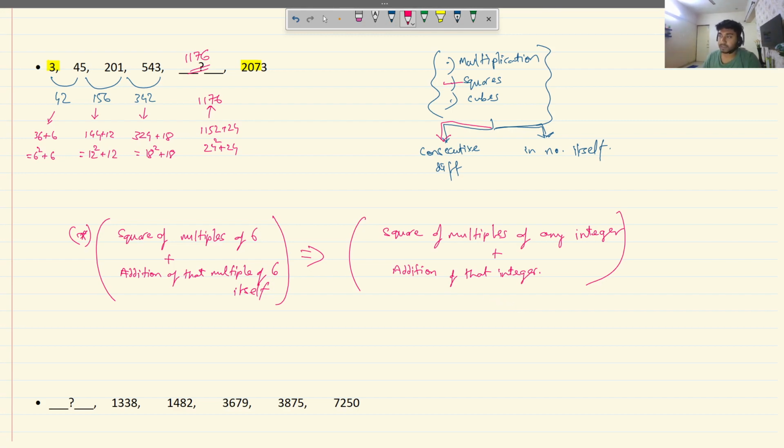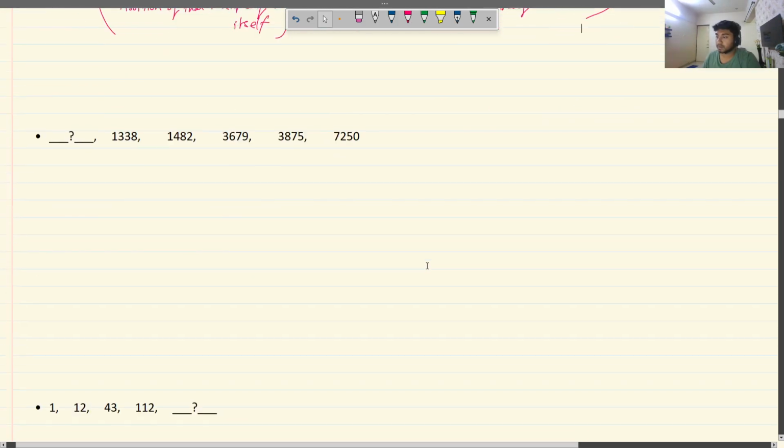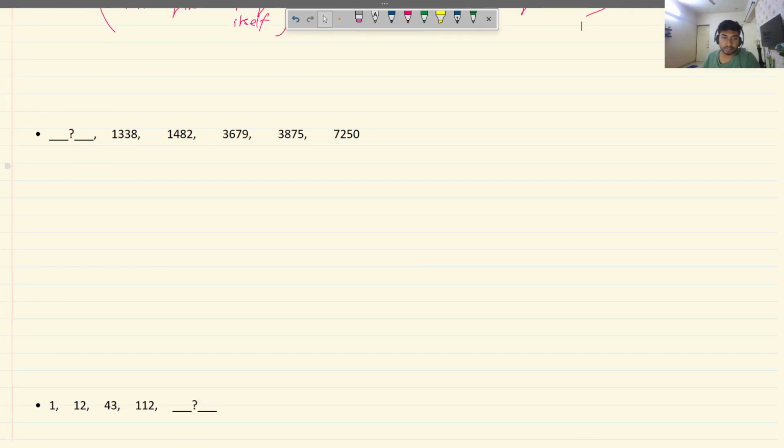Okay, let's look at the next question. How to find the missing term over here? So all the numbers in this question are very large, big numbers, right? They're going in the 7000 range. Usually in a question, the number whose square is in the 7000 range would be very big.